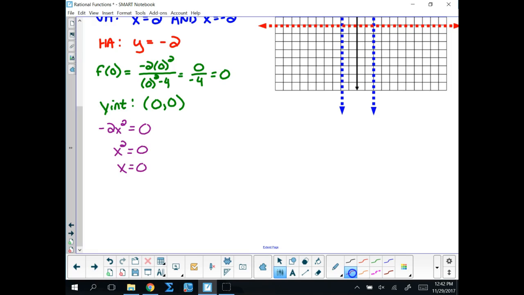So x is equal to 0. That gives me an x-intercept at the origin also. Correct? But really, it's a double, right? So that means double roots. What do we remember about double roots? It's a kiss, right? It comes down, it kisses, and then it goes up.